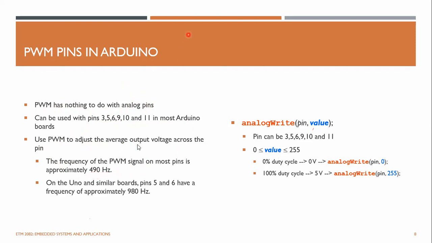If you have this kind of waveform, this is the periodic time, and the frequency is 1 upon T, right? So most of the time the frequency is 490 hertz. Like this is 50% duty ratio, half on and half off.